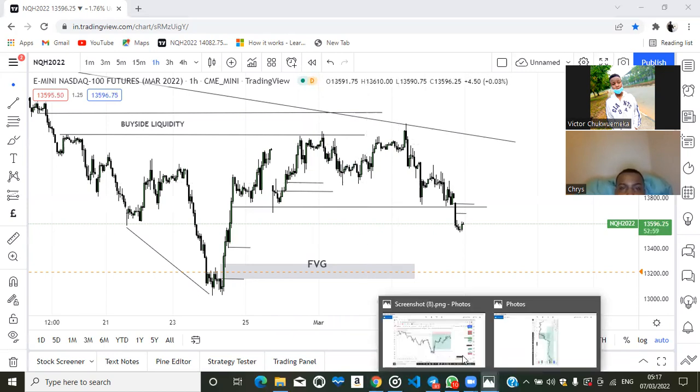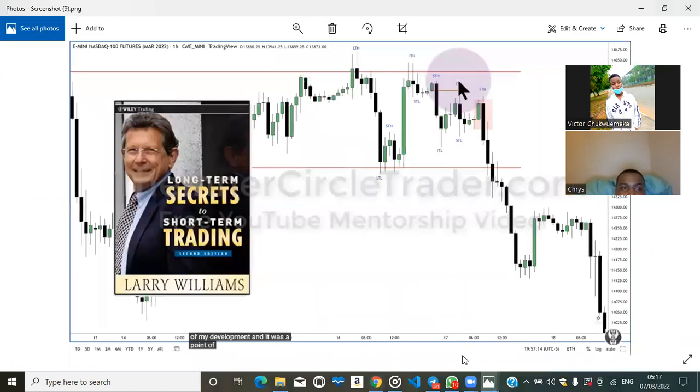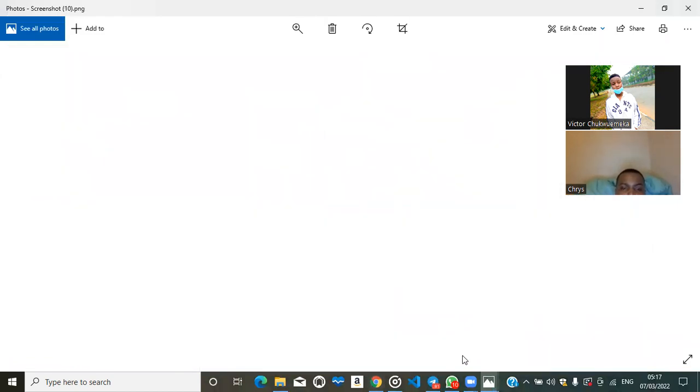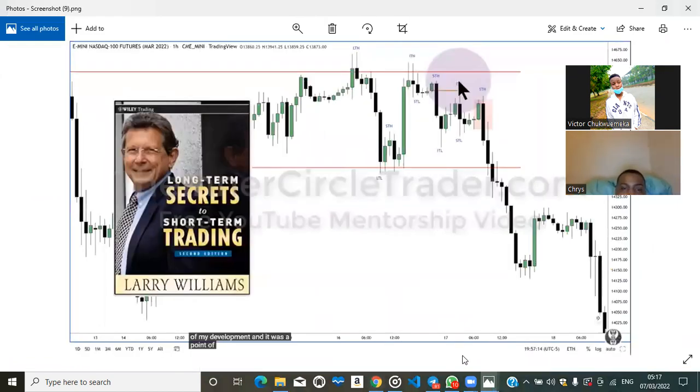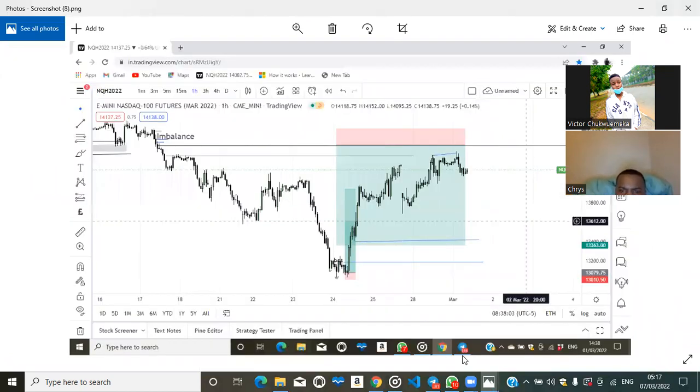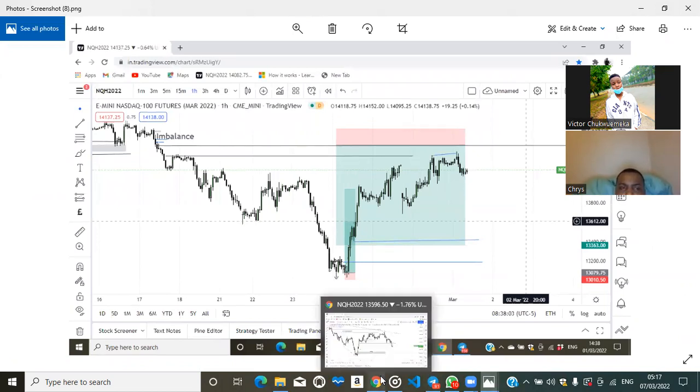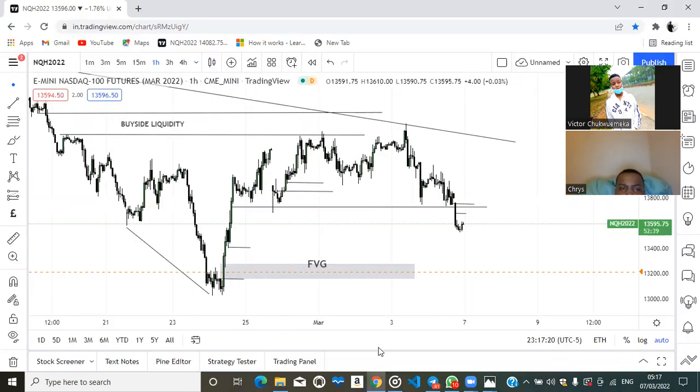Let's see. Hey, focus. Oh no, I saw two imbalances there on this. Can you show my cursor? Make annotations on the chart, bro.